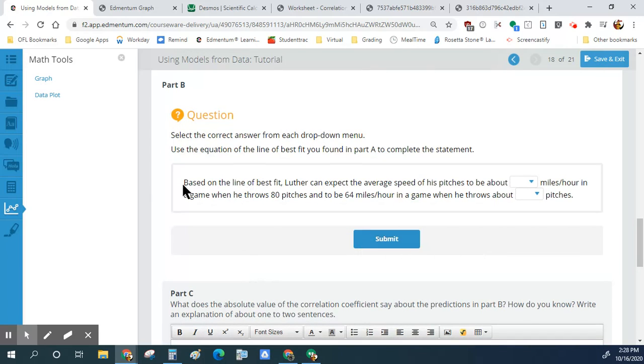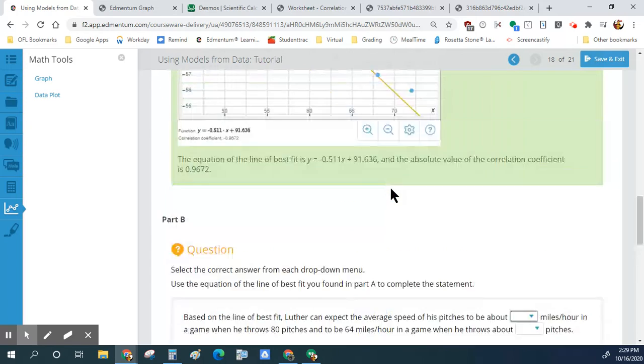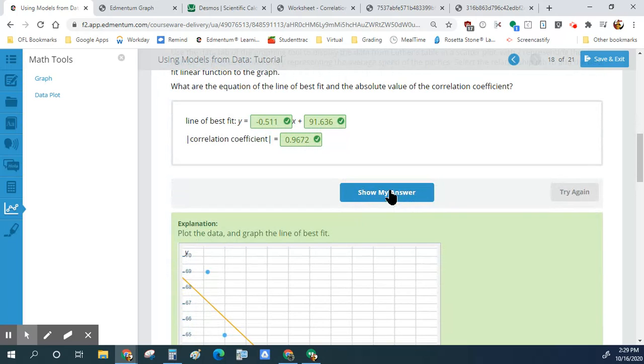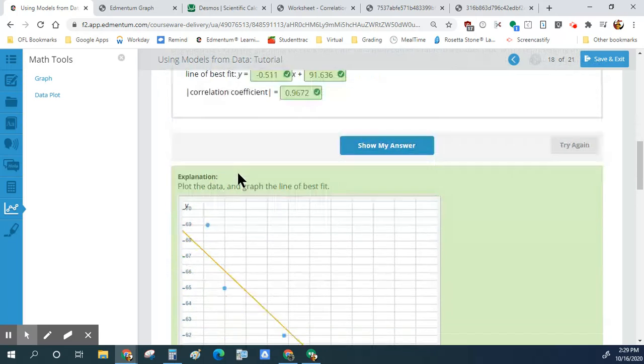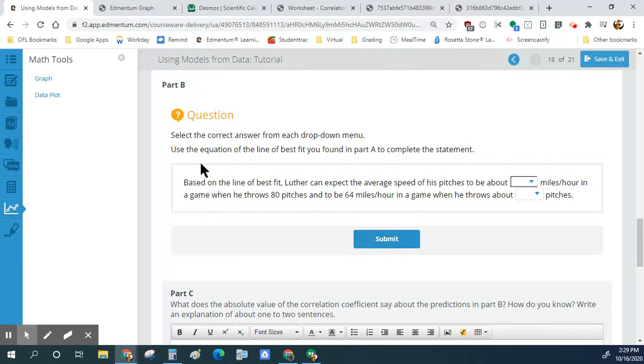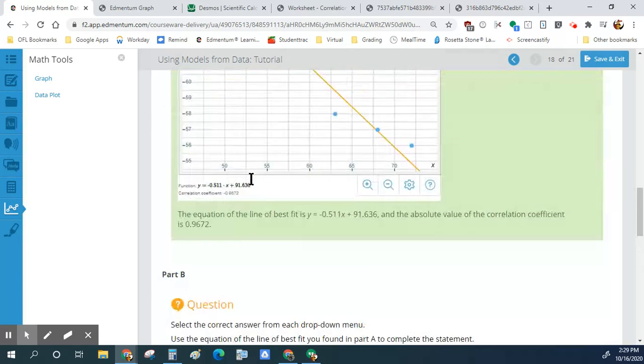So based on the number of pitches, about blank. We're using our best fit to complete the statement: based on the line of best fit, Luther can expect the average speed of his pitches to be about this much. We're looking at the average, so I'm assuming we're looking at the rate of change.